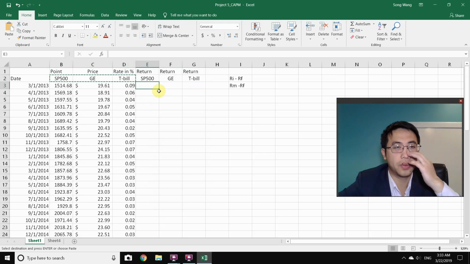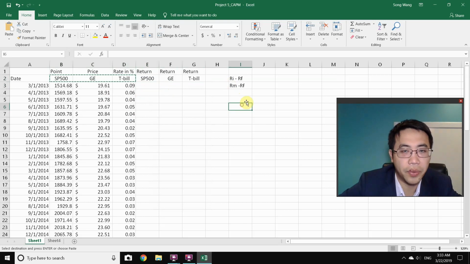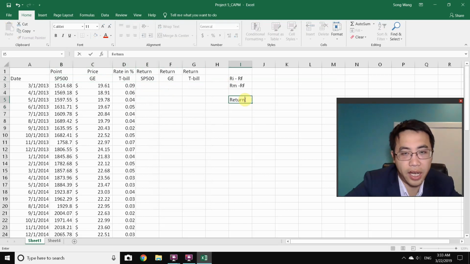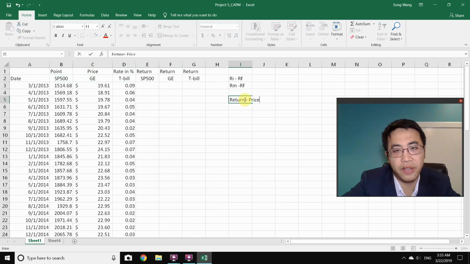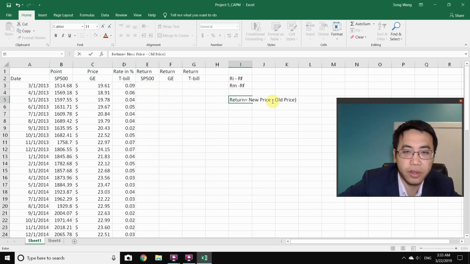So I want to calculate the returns, and remember, how do you get the return? The return today equals the price of today minus the price of yesterday, or let's say the new price minus the old price. The difference will be divided by the old price.